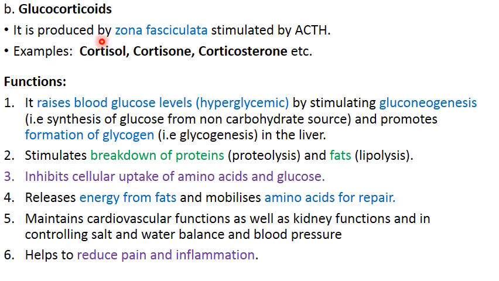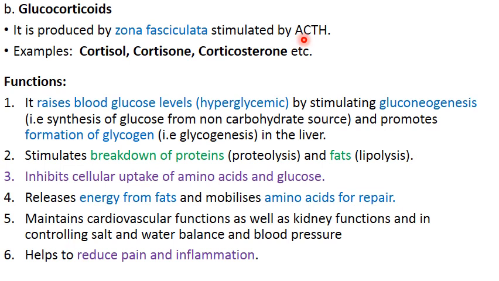Now coming to the next group, that is glucocorticoids. So this is produced by the middle layer, what we said as zona fasciculata. This layer, the glucocorticoids, how it will be stimulated to be released will be by ACTH, that is adrenocorticotropic hormone from the anterior pituitary.